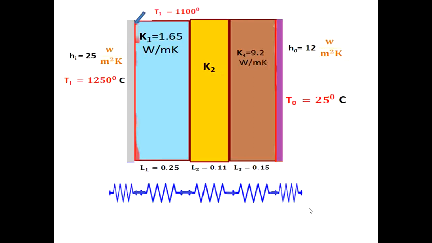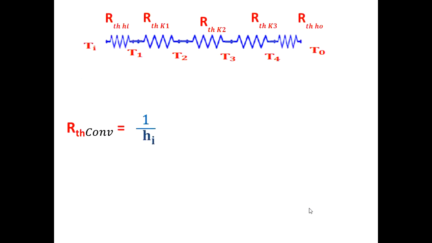Therefore, you know how the thermal resistance will come. Ti, T1, T2, T3, T4 and T0 will come. In between you will have RTH HI, RK1, RK2, RK3, RH0. In some books they are given as R1, R2, R3, but you will get confused between convective heat transfer resistance and conduction heat transfer resistance. That's why I am taking RHI and RH0 directly for your convenience.